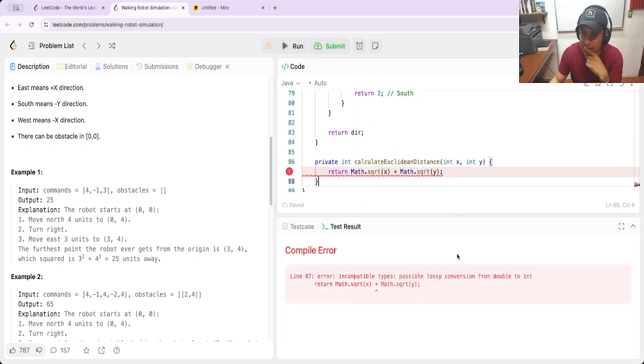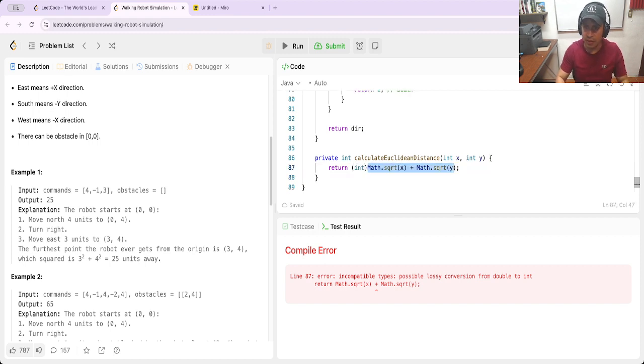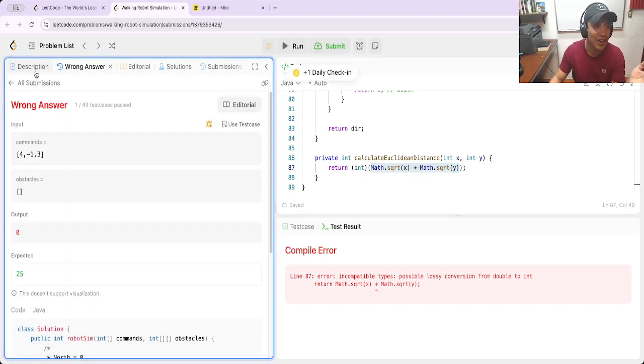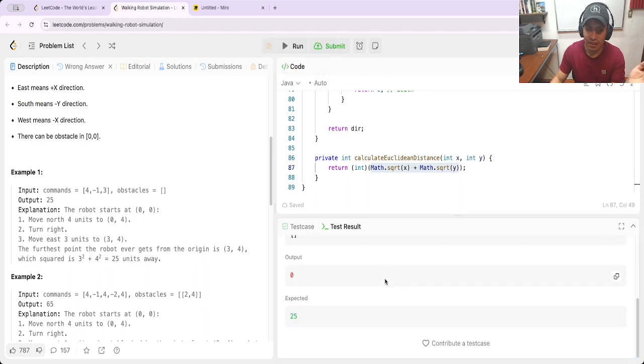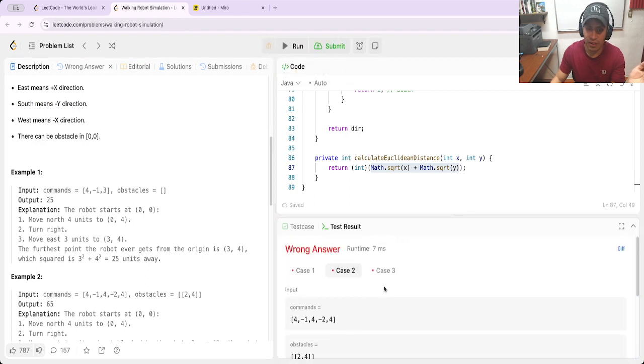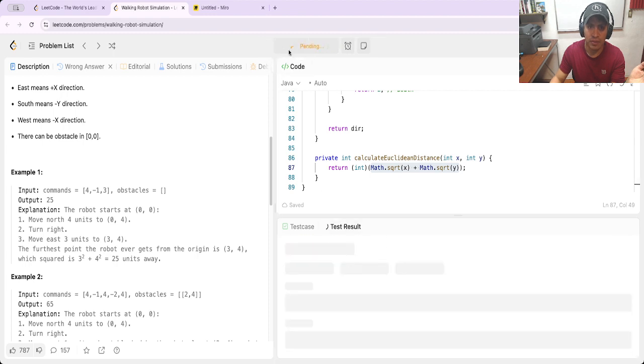Oh my god, incompatible. I need to cast as an integer.